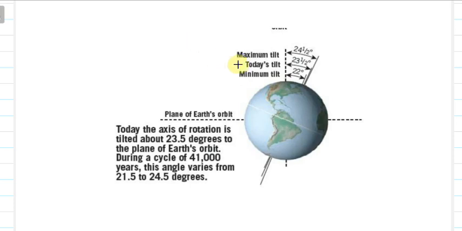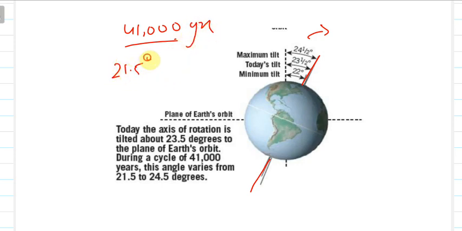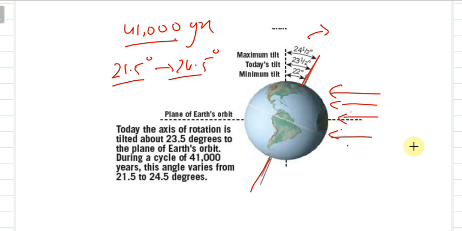Similarly, you can see that the axis of the Earth is here, and it changes its degree, that is angle, slightly over 41,000 years. Okay, over the course of 41,000 years, and it can change from 21.5 degrees to 24.5 degrees, and due to that also the Earth receives different rates of radiation, and climate can change due to that.